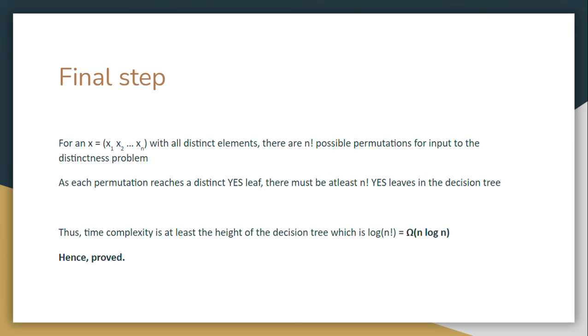So we have proved that the lower bound for any algorithm which solves the distinctness problem is at least n log n. We cannot have any algorithm which does better than this, and ultimately, to reiterate the statement, the lower bound for the distinctness problem is n log n. Thank you.